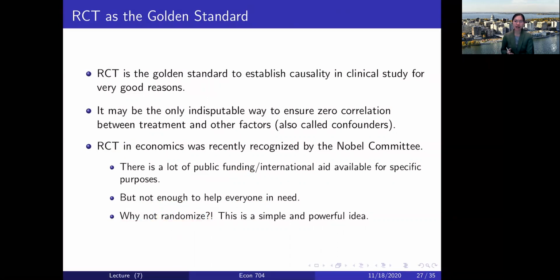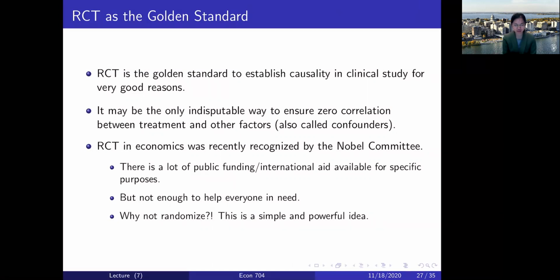And so we are helping people, but at the same time, we can also get a data set using which we can study the effect of the aid. If we can estimate the effect of the aid very well, then we will know how much the aid helped, whether it helped at all, whether it had any unintended consequences.